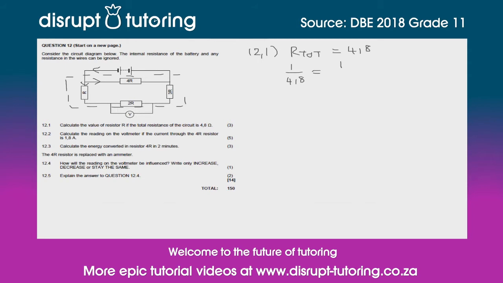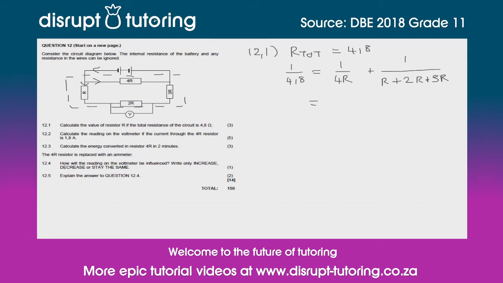So we know that there's a 4R, and then we know that there are a few resistors in series in that one little parallel split, and that is R plus 2R plus 3R, which is 6R.